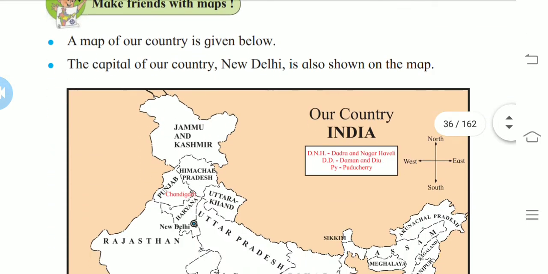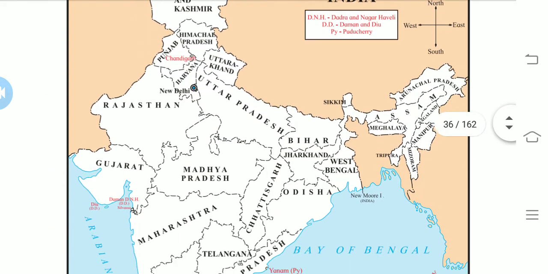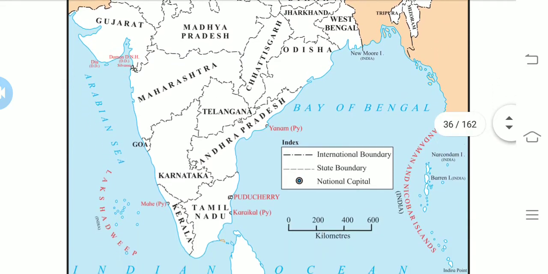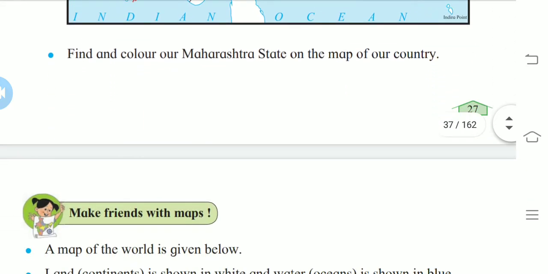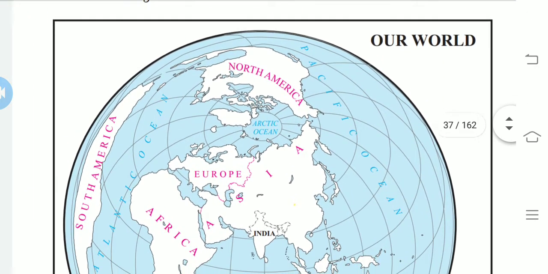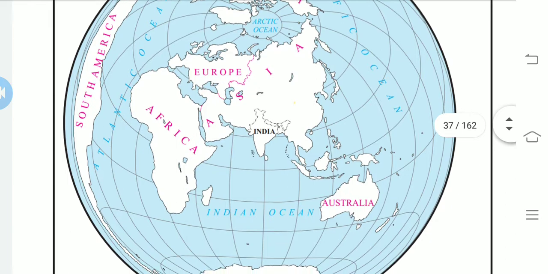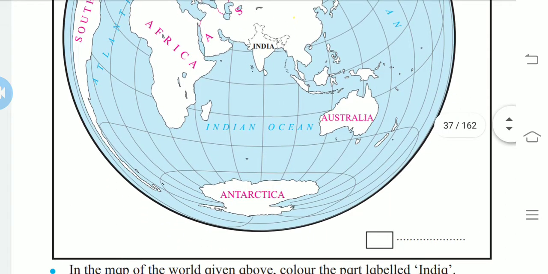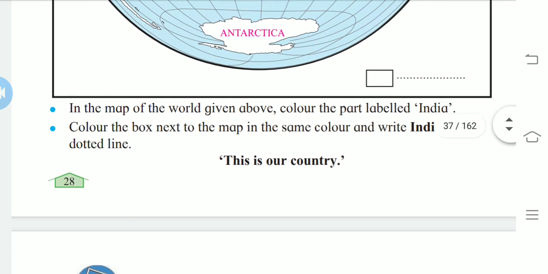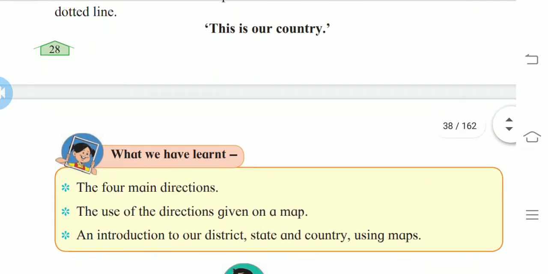Then next to that, a map of our country India is given and states are indicated. Then a map of the world showing continents and large water bodies, those are oceans, is shown, and also some questions are asked.